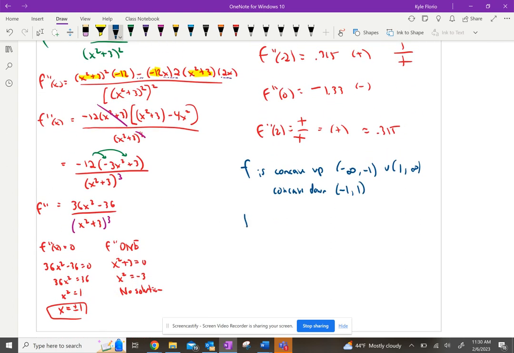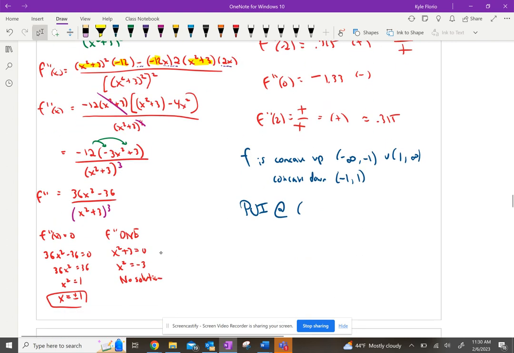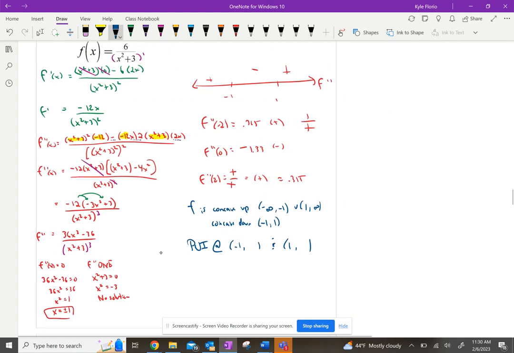And we have points of inflection if we have a sign change. Here it's going from plus to minus and minus to plus, so at negative 1 and at positive 1. And I've got to plug those numbers into my original function. So if I plug 1 into here, 1 squared is 1, 1 plus 3 is 4, 6 over 4 is 3 halves, that's 1.5. If I plug in negative 1, I'm going to get the same thing.